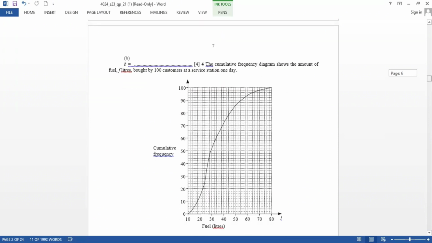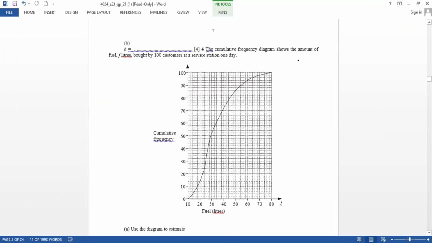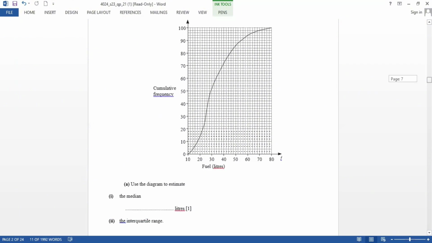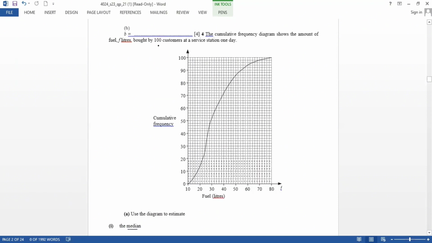Question 4 is, the cumulative frequency diagram shows the amount of fuel, F liters, bought by 100 customers at a service station one day. The A part is: use the diagram to estimate the median. In this cumulative frequency, as we have 100 customers, the median is the middle value.